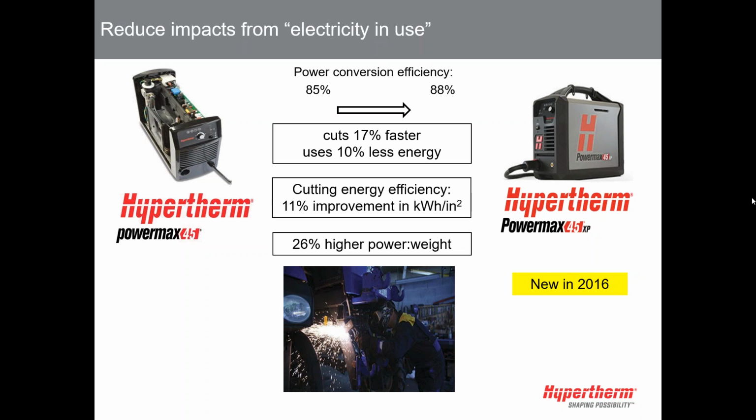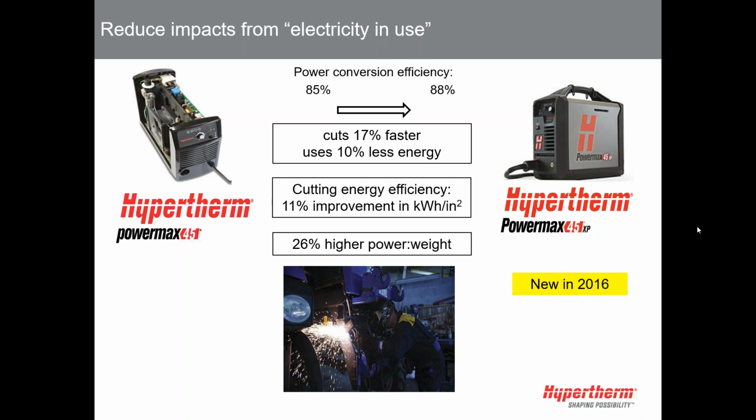And through those efforts, the XP was designed to cut 17% faster, which is really important to customers, and it also uses 10% less energy while achieving that speed. We also invented our own metric that's around the energy used, the input, or kWh, versus the output, which is the inches squared cut.